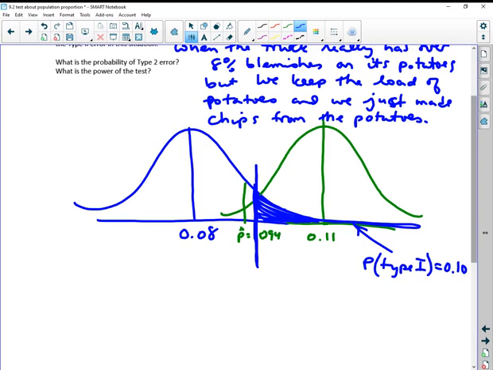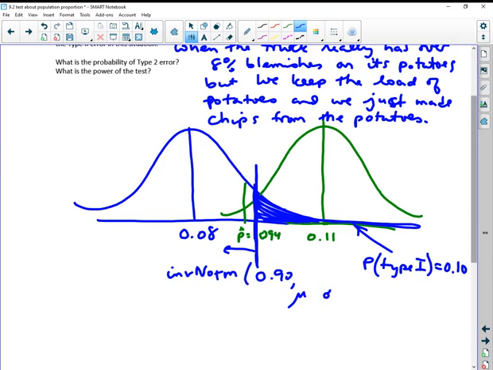Okay, so at that value, I'm just going to write some calculator speak so that you can see what you would be doing. Well, you need this area on this side of this line. That's 90%, because 10% was alpha, 90% would be the other side, so 0.90. Now we've got to put in the mean and the standard deviation.